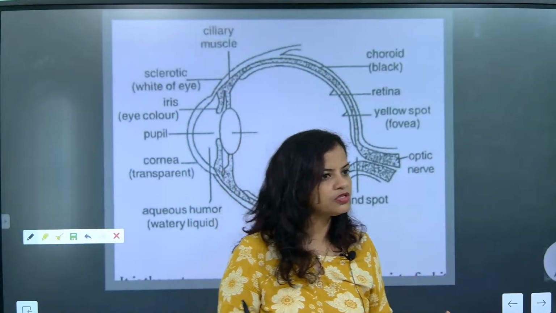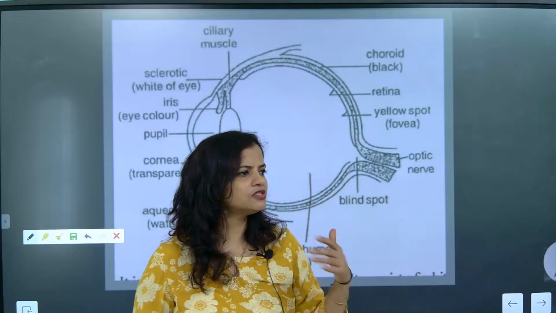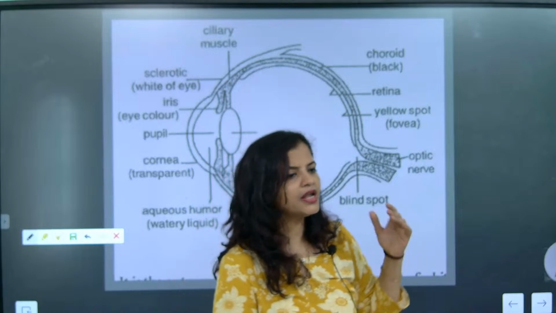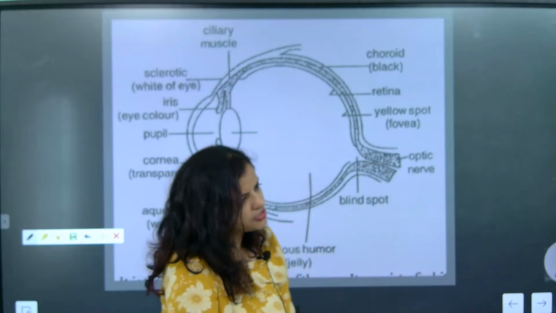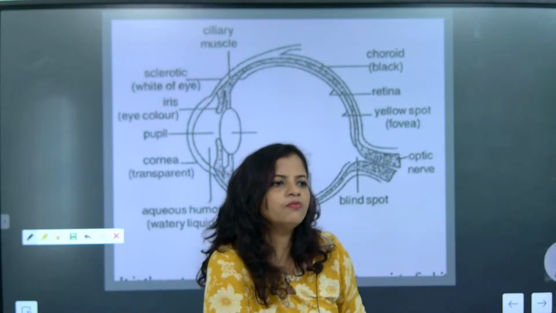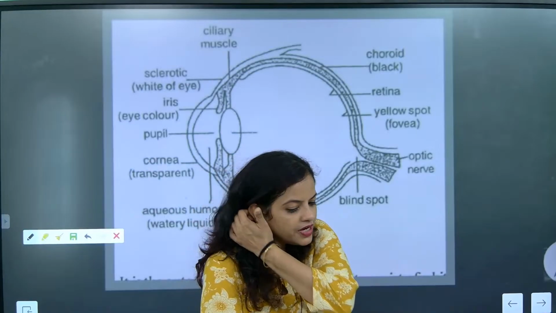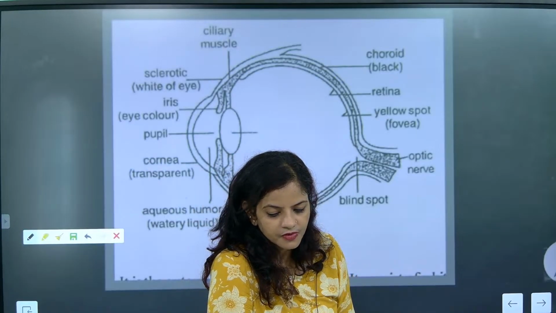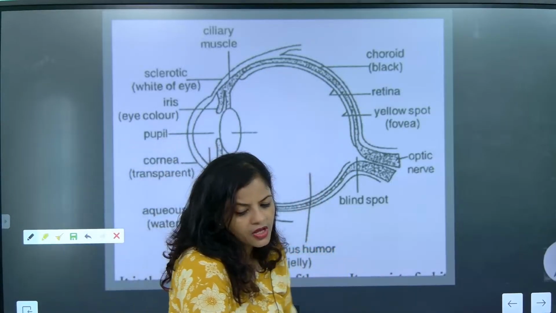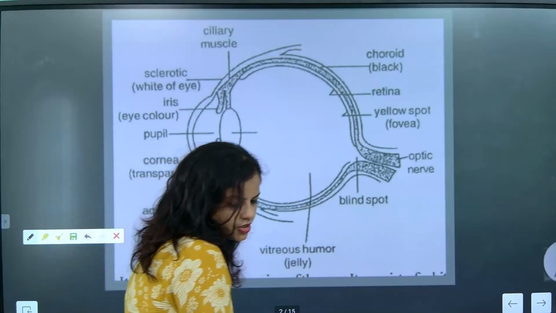The defect is already in the blood, so the defect of the eye will be more persistent and more visible. Yes, it is going from generation to generation.